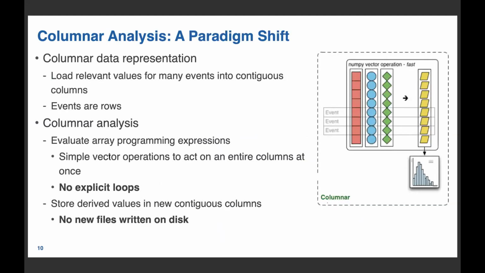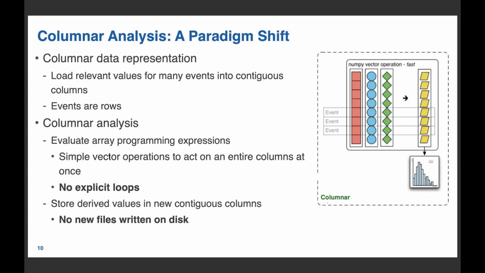What Coffea does, it gives the possibility to have a shift in paradigm, to move from an event loop analysis to what's called columnar analysis in the data science world. It first starts from, in some sense, changing the data representation.